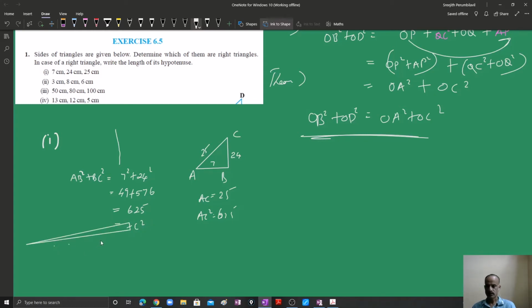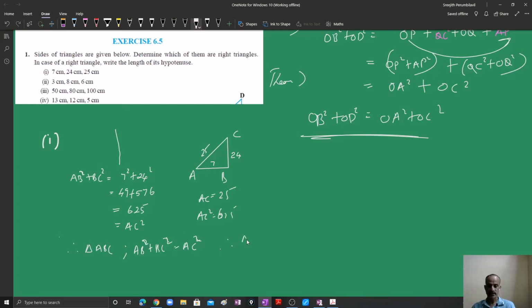Therefore in triangle ABC, AB square plus BC square is equal to AC square.